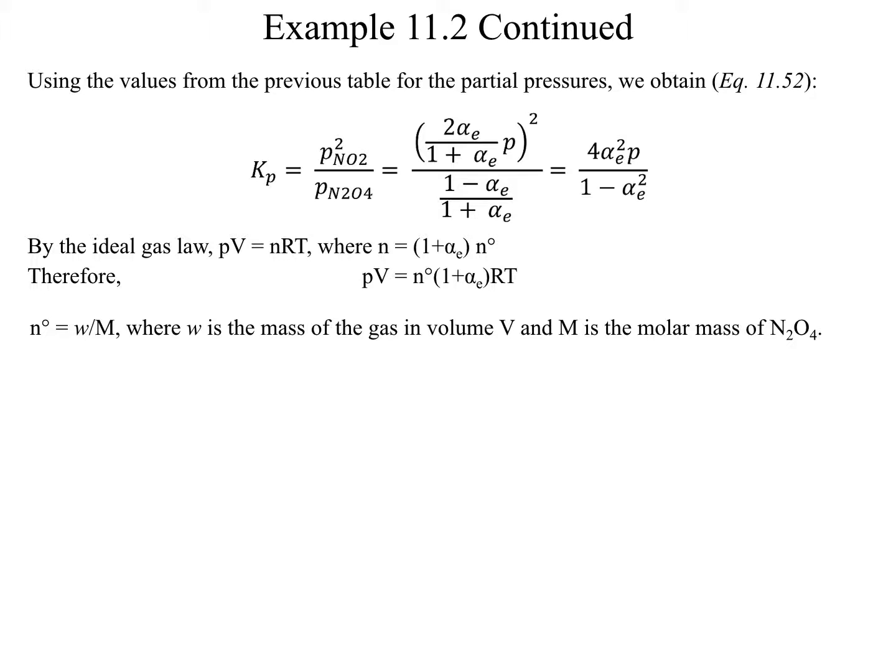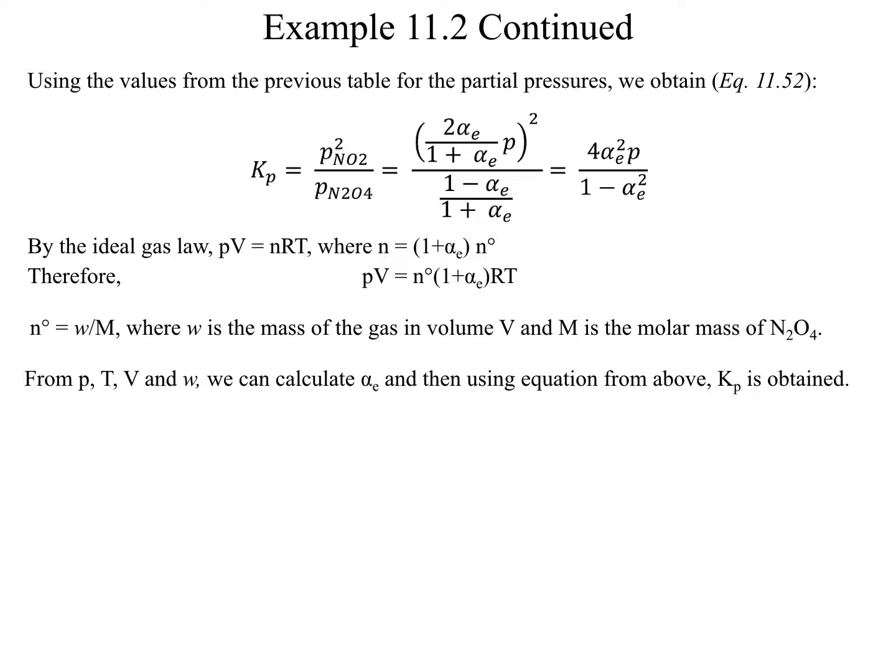Pressure, temperature, volume, and W are all measurable quantities in the lab. With the experiment, we can calculate alpha, and using the value of alpha, we can calculate Kp.